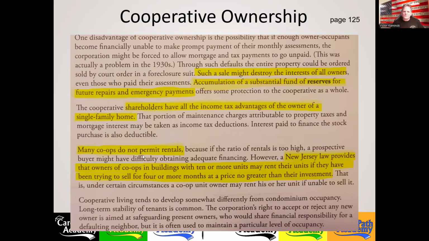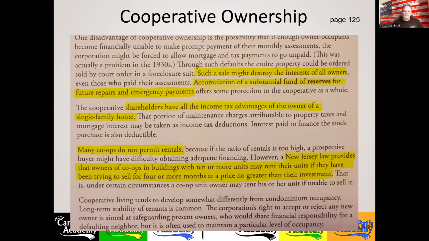So many co-ops do not permit rentals. Who takes better care of the real estate, renters or owners? Owners. Owners do. Renters could care less. It ain't their property. That's the attitude a lot of them get.